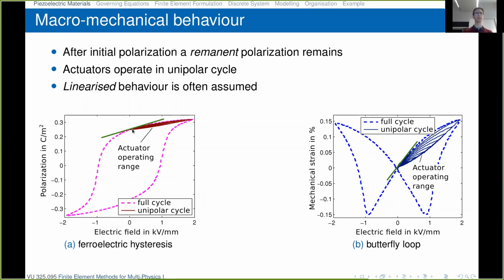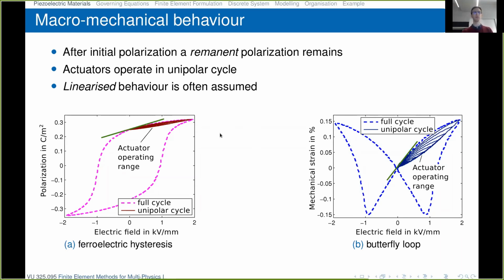This defines the technically relevant behavior of the piezoelectric material, and in this range you can actually linearize the piezoelectric material behavior. So keep this in mind if you apply a linearized piezoelectric material law.